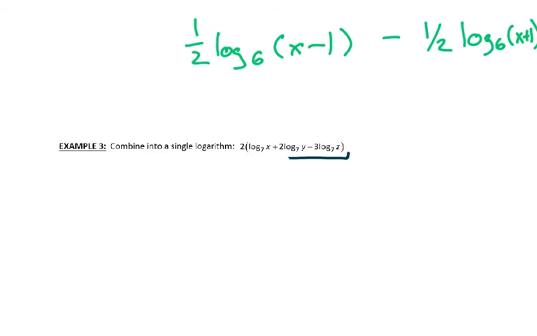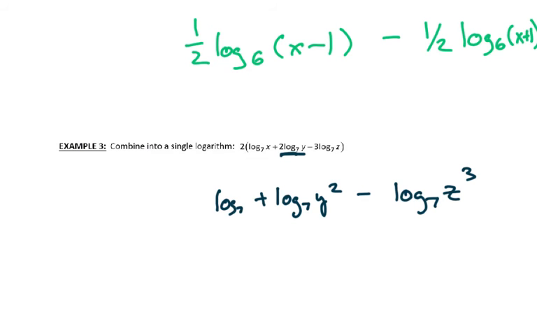If I'm going to clean the inside part first, I want to start with this right here because of the 2. I'm going to go ahead and rewrite this as log base 7 y squared minus log base 7 z cubed. So I'm going to move those above, and the purpose behind that is we want it all to be written in terms of the argument being affected, right?